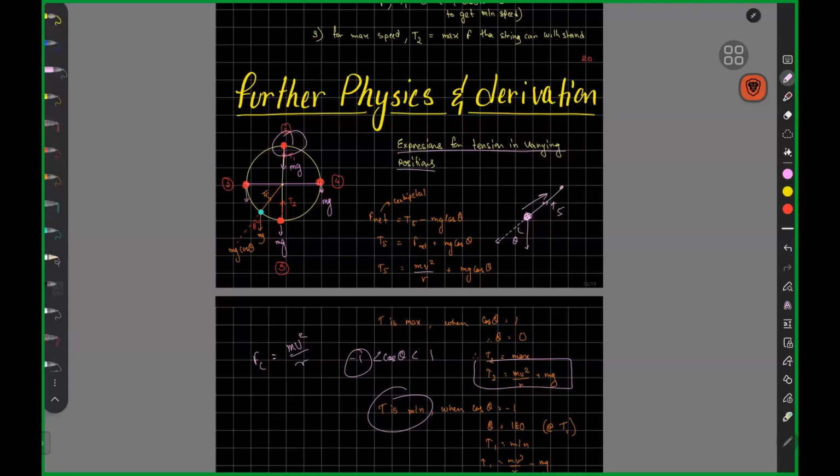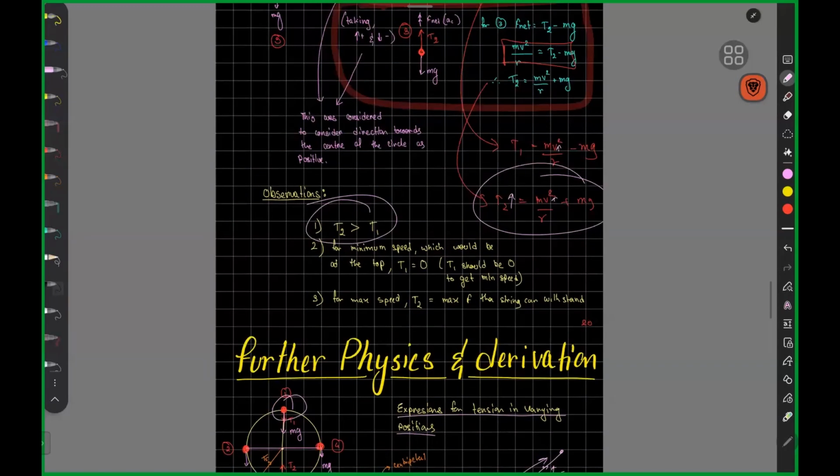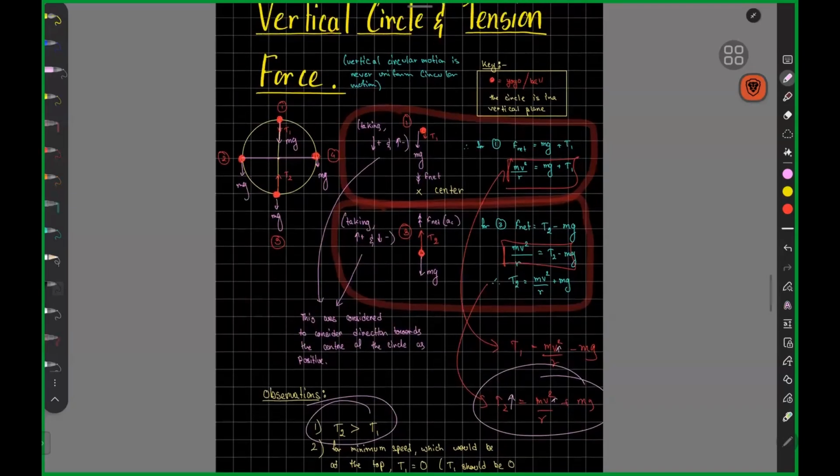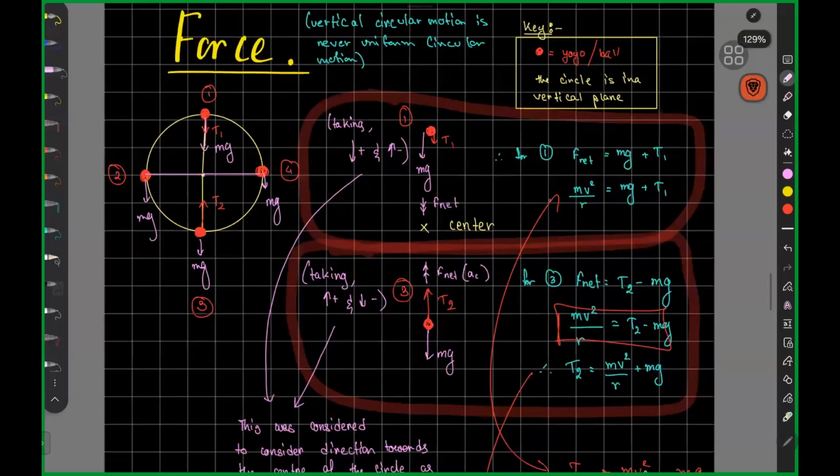Because at number 3, we have tension and weight acting in the same direction. So the centripetal force is equal to the weight plus the tension, right? And since there's a greater centripetal force, wouldn't the acceleration be greater than at number 1? So you're asking this question with respect to this equation, right?